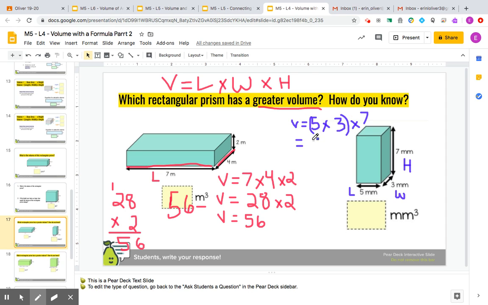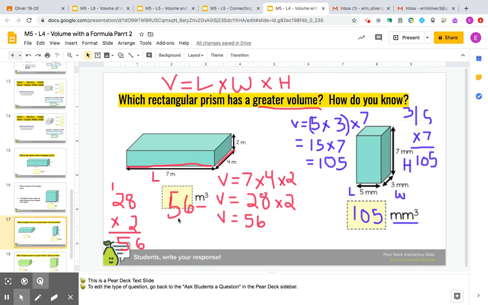Okay, 5 times 3 is 15. Now I have to multiply by my height still of 7. 15 times 7. 7 times 5 is 35. 7, 8, 9, 10. 105. So my volume is 105 millimeters cubed. So which one has our greater volume?